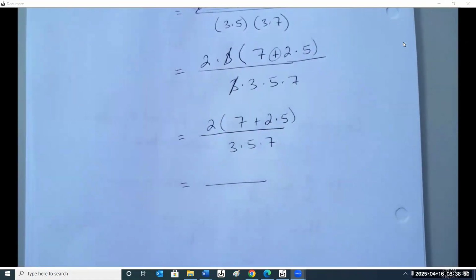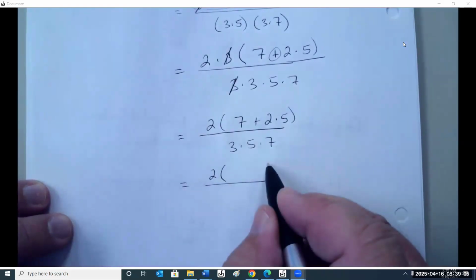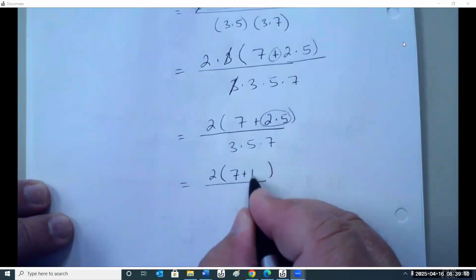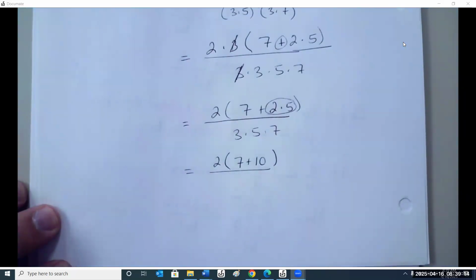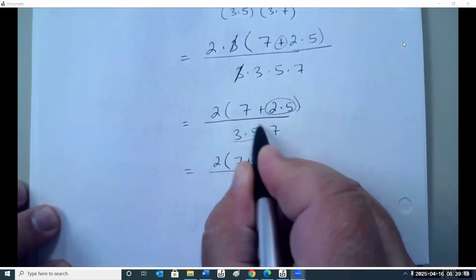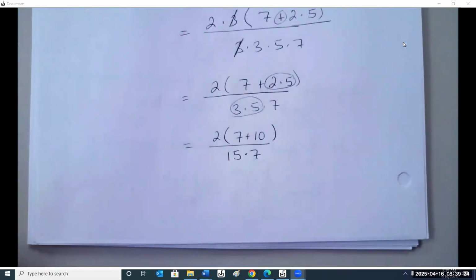So, again, now we have to stress the order of operations. What do we do next? Nope. Do inside the parentheses. Can we do anything inside the parentheses? We multiply. Let's do multiplication first. So 2 times 5 is 10. What do we do in the bottom? Left to right. So 3 times 5 is 15 times 7.